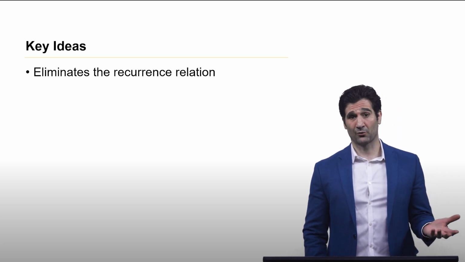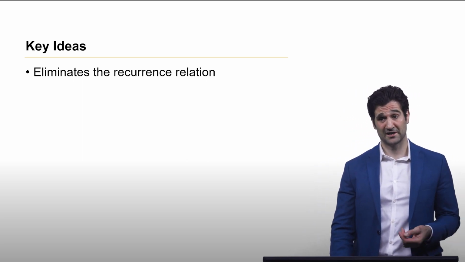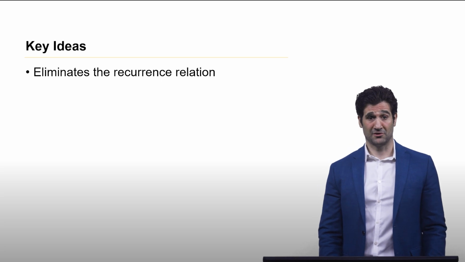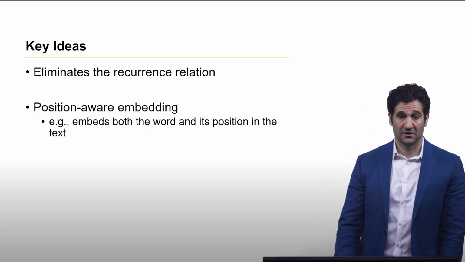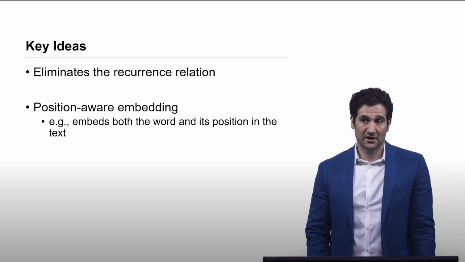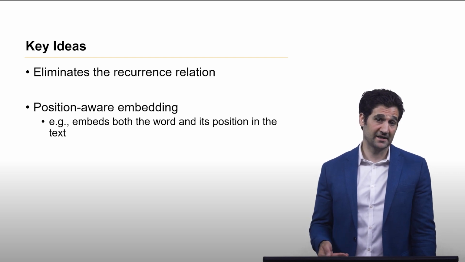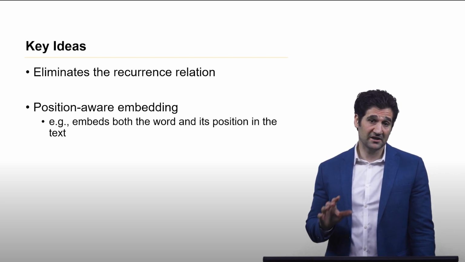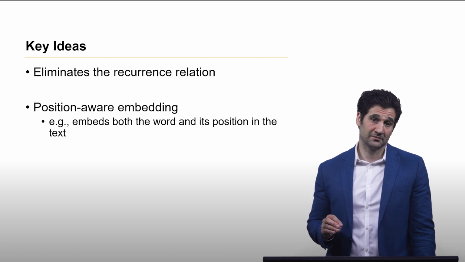So here's some of the key ideas. One, let's get rid of this recurrence relation. We can't parallelize it. Let's just be done with it. And two is let's capture this idea of the position in the embedding itself.